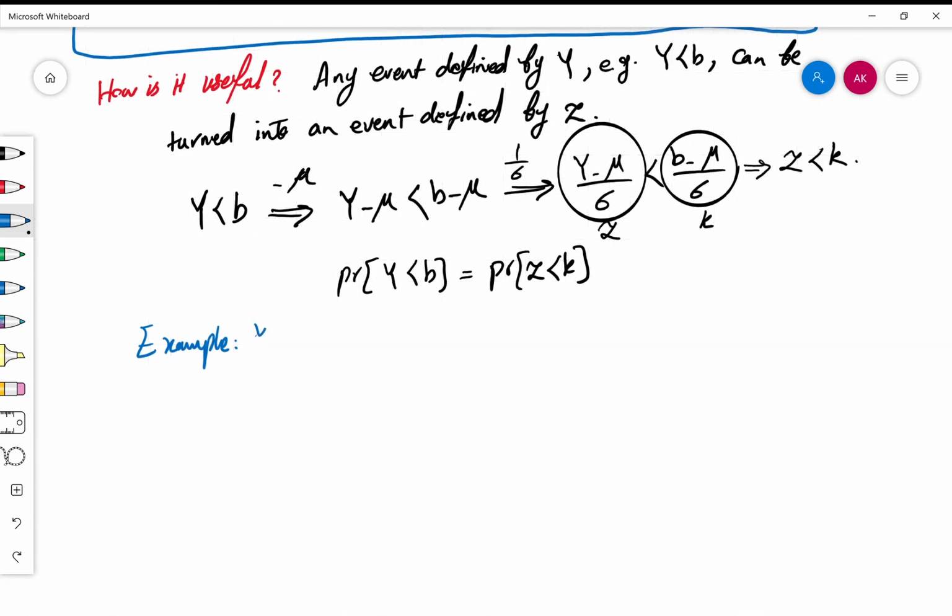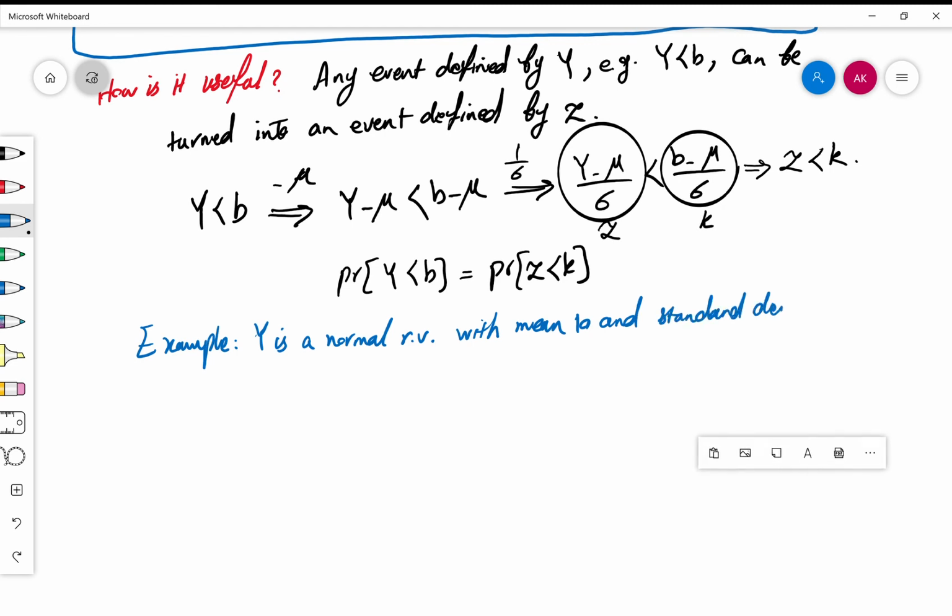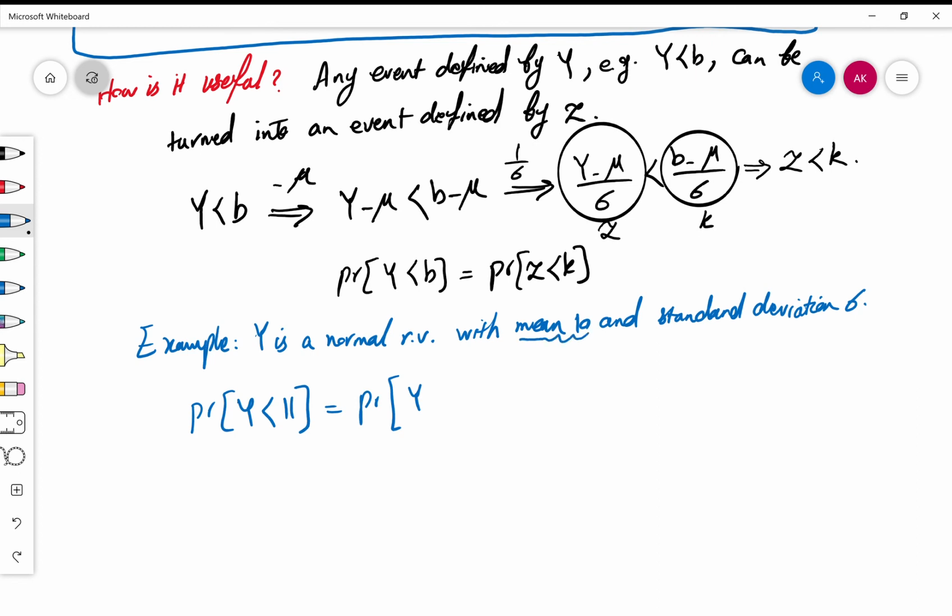Y is a normal random variable with mean 10 and standard deviation sigma. Then, for example, if I have the probability of Y less than 11, what I can do is subtract mu, which here is 10, from both sides.